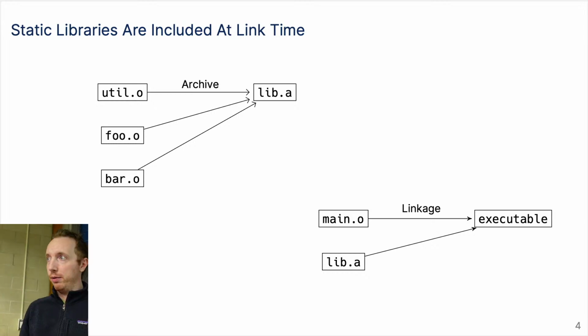So lib.a will just be those 3 object files all kind of smushed together. And then instead, when we were linking our executable and we used each individual object file, we just link main with our library and then create an executable.